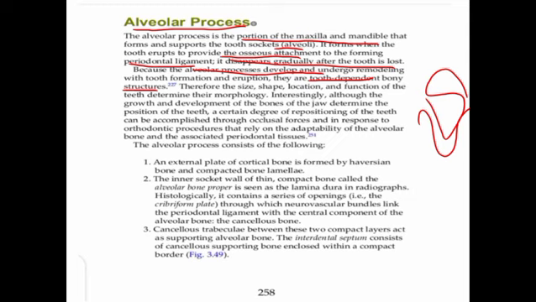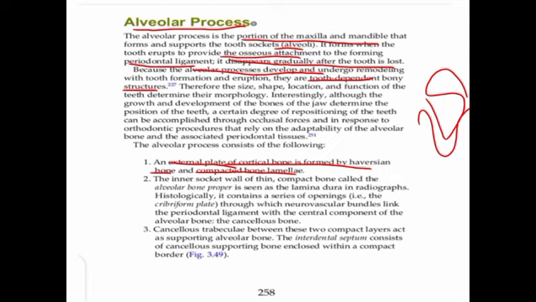Now we will study some parts of the alveolar process or bone. One part is the external plate of cortical bone, which is formed by Haversian bone or compact bone lamellae. These cortical plates are thin, dense layers of compact bone.